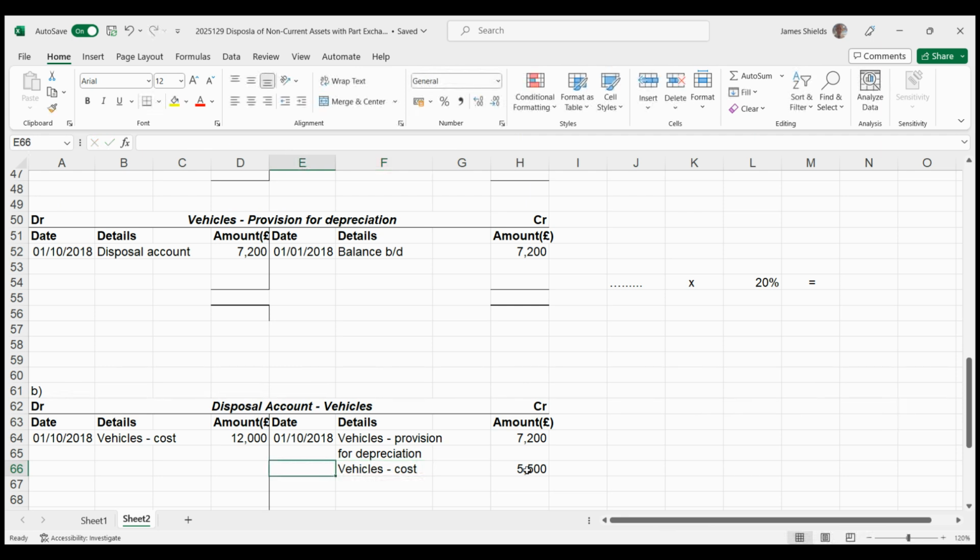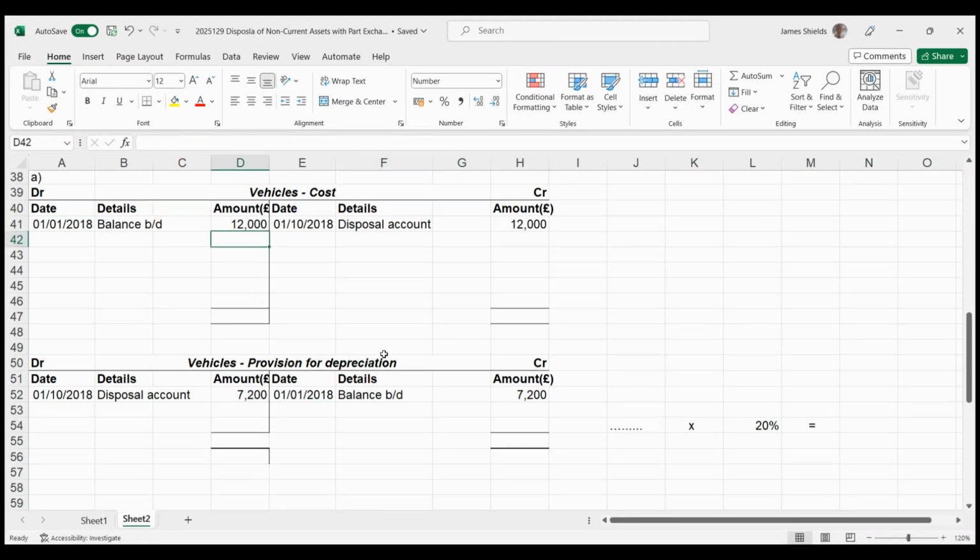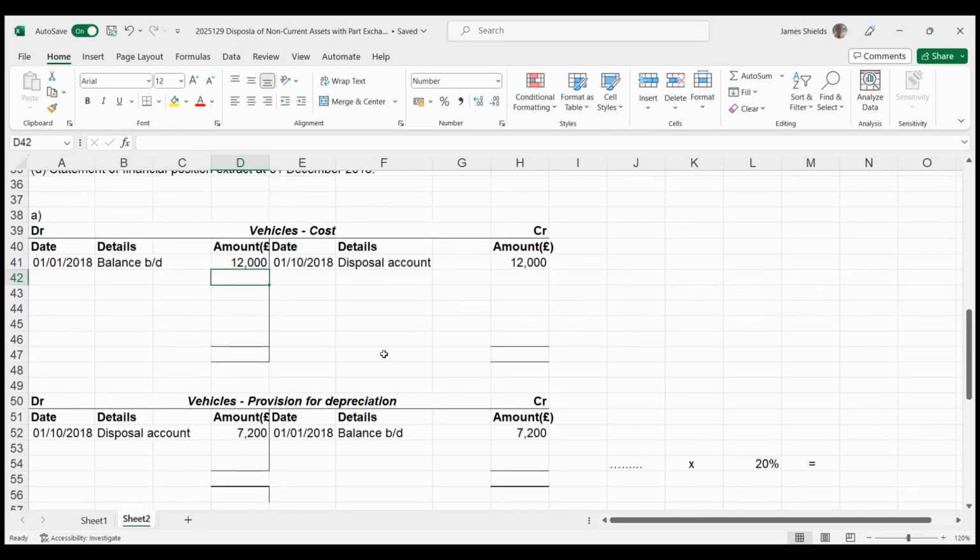The date of that was the 1st of October 2018. So I now go to my vehicles cost account. I'm looking for that value, which was £5,500. That's come from my disposal account.